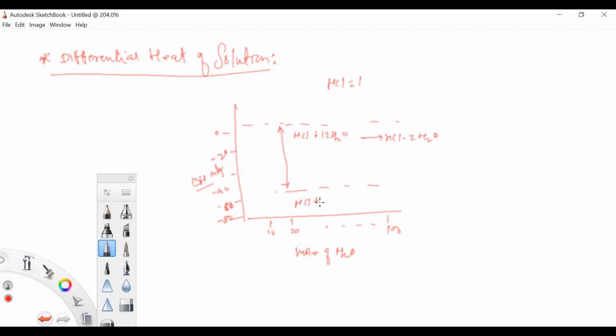त्यानंतर जर तुम्ही HCl घेतलाय आणि तुम्ही परत त्यामध्ये 2 मोल तर आहेच तुमचं, परत तुम्ही 3 मोल्स ऑफ H2O ऍड केलाय.